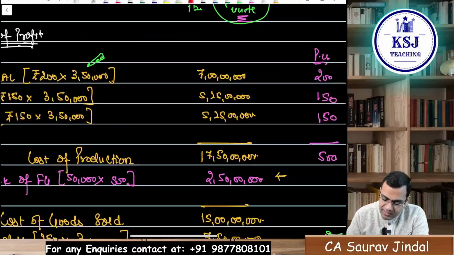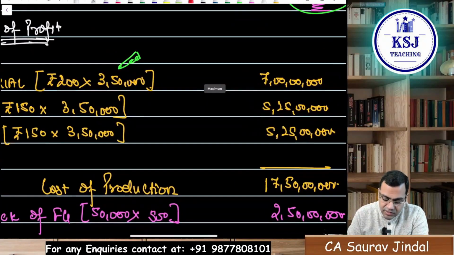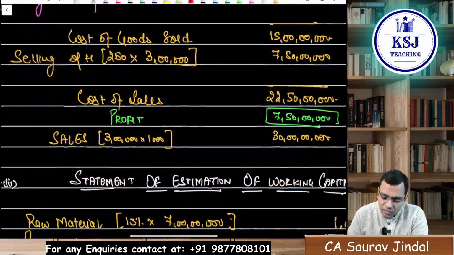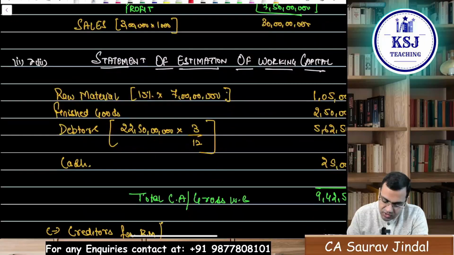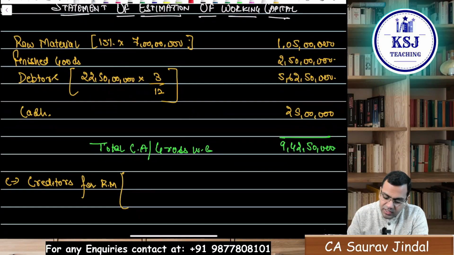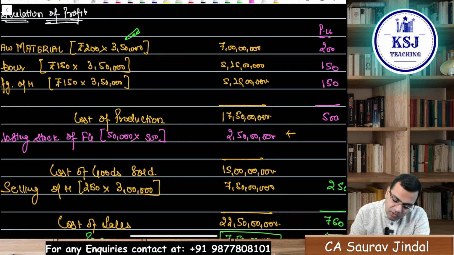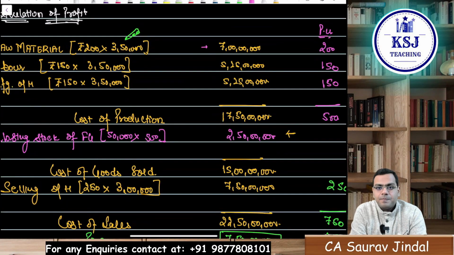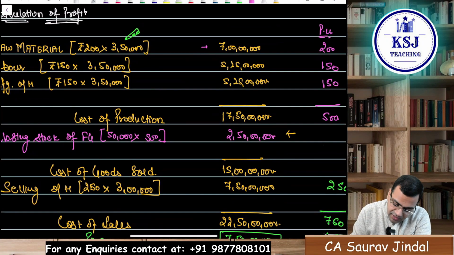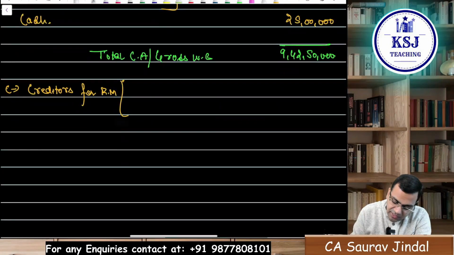Consumption is given as 7 crores. We have already calculated this raw material consumption. And what is the closing stock? Sir, in the statement of estimation, when we calculated this raw material, this will serve as my closing stock. This will be your closing stock, and the 7 crores will be your consumption. This will be your total purchases that you will take for the calculation of creditors for raw material.